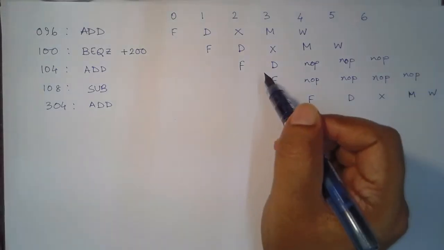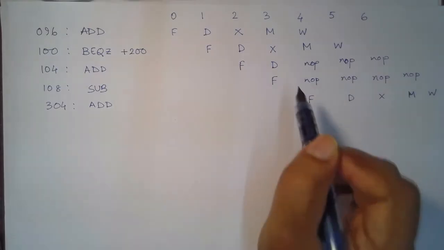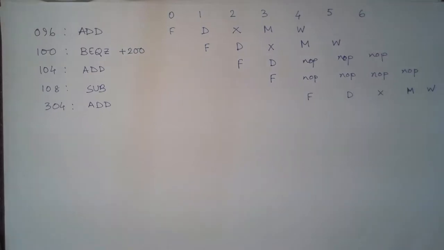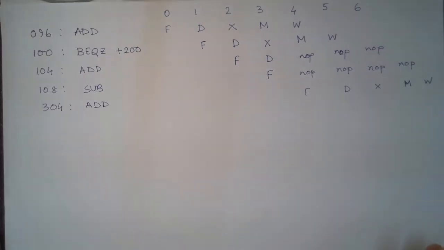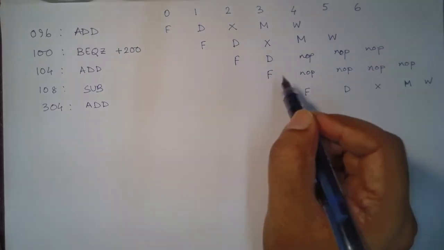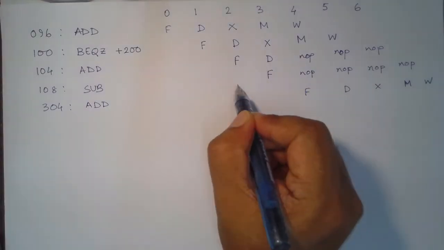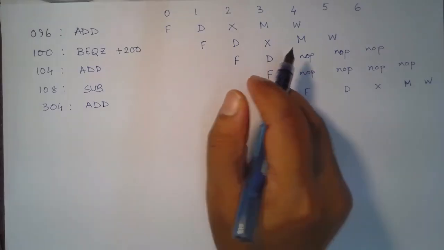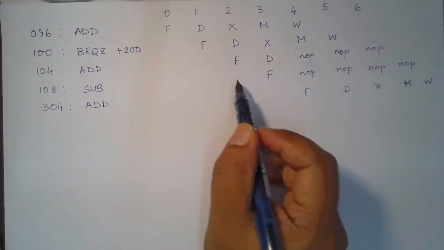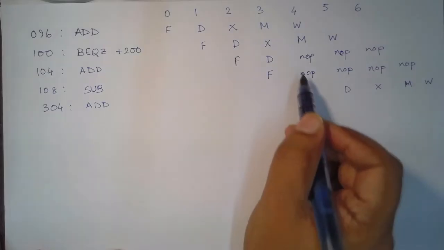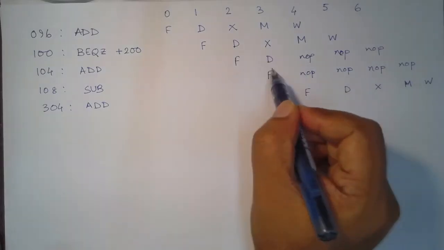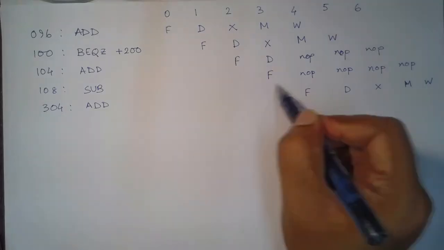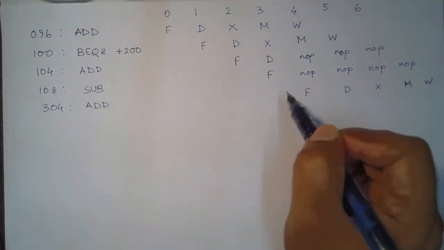Now if you look at the penalty of this branch instruction, it is basically 2 instructions for this particular case, because your pipeline is a 5-stage pipeline, and by the time you execute, you can only speculatively bring in 2 more instructions.